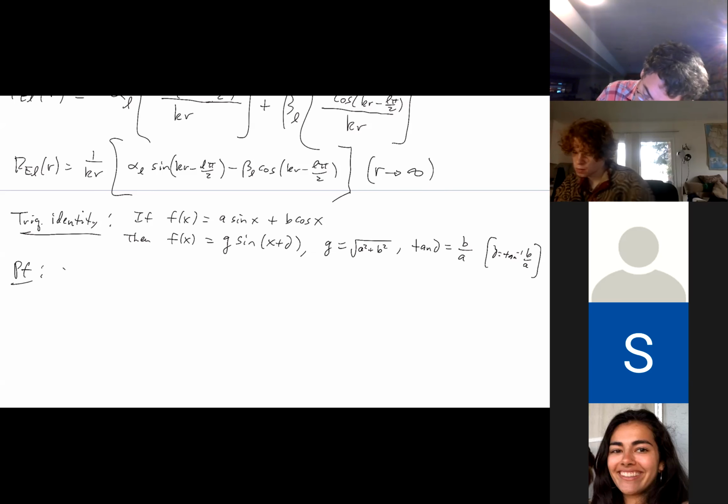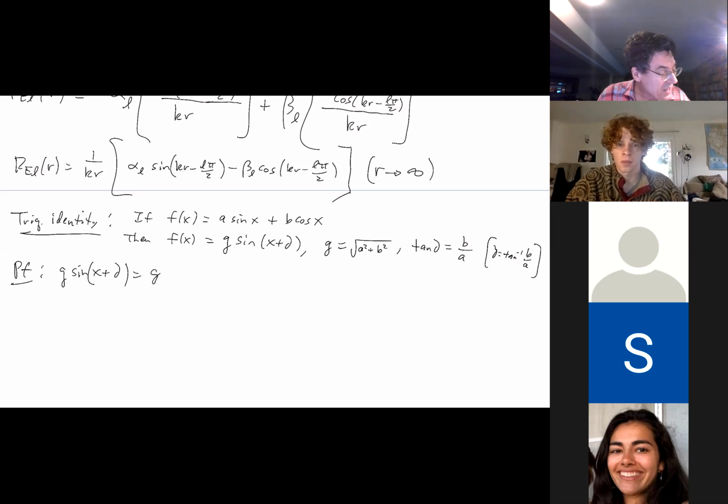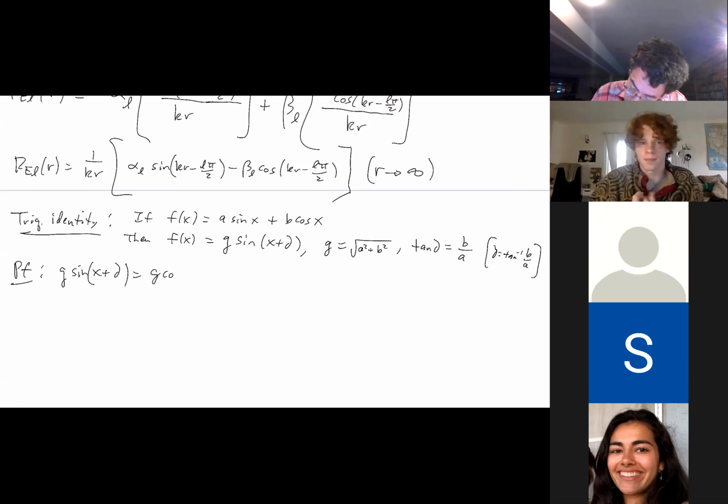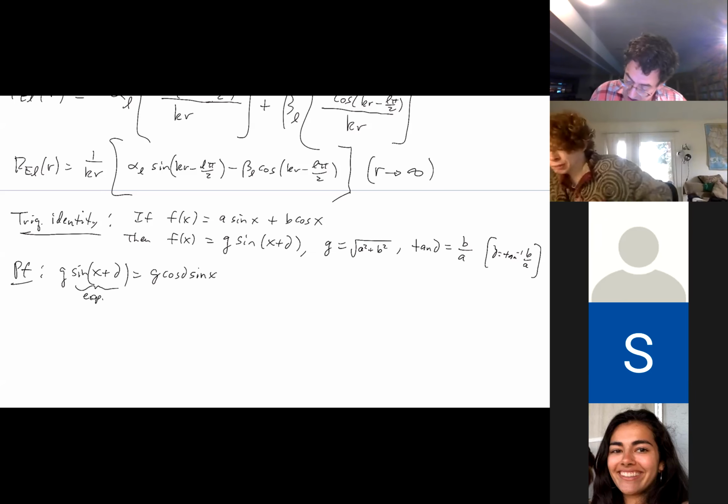And then it's really easy to prove it. G sine of x plus delta is equal to G times cosine delta sine x, plus G sine delta cosine x. I'm just expanding sine of x plus delta using the famous trig identity that you all know.